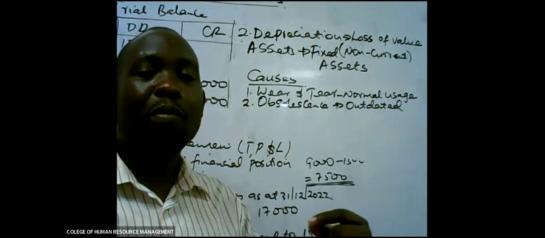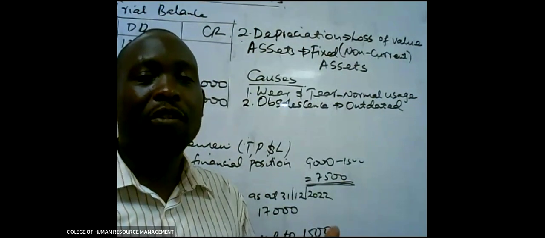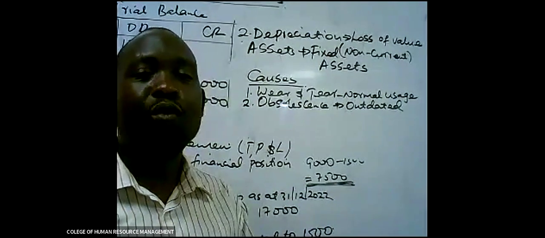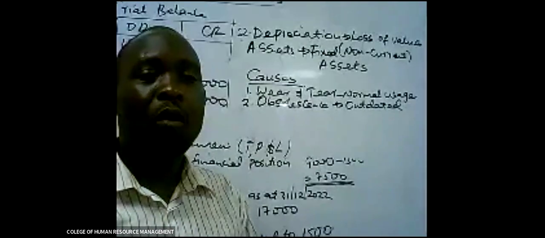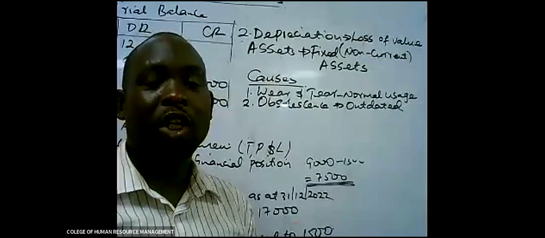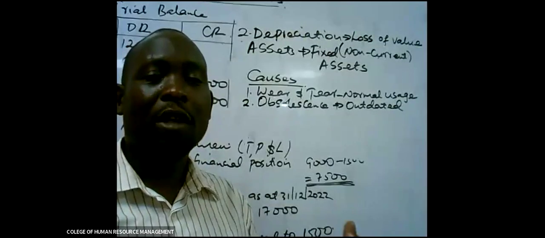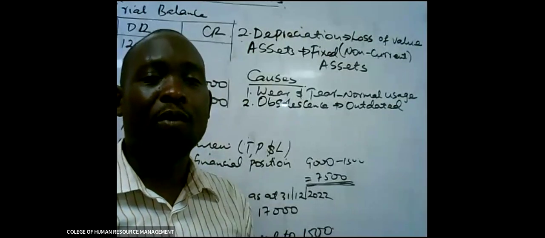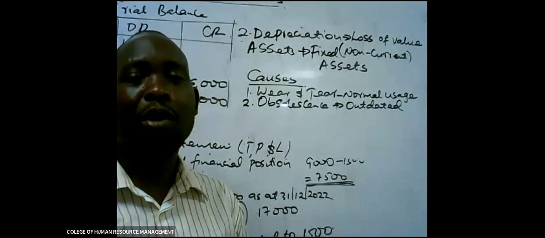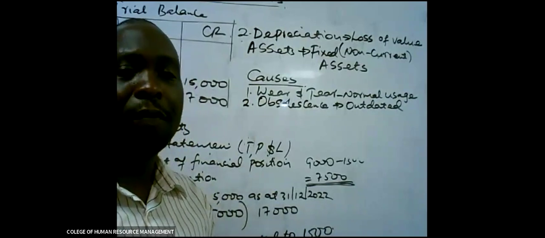And therefore, we will be having an asset that is a bit outdated. It is not up to the current technology, and obviously the value will reduce. If you had acquired a typewriter, then later on, computers emerge. Computers are more efficient than the typewriter. So your typewriter automatically loses value. If you are to sell it, nobody will want to buy that typewriter. Everybody will want to buy the new equipment, which is the computer.